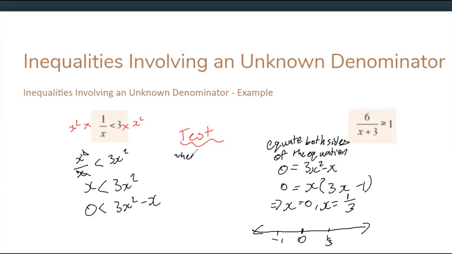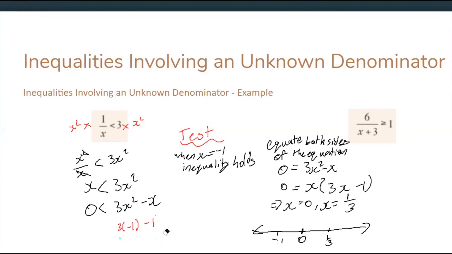So when x equals -1, the inequality holds. And I know that because I end up with 3 minus 1 minus 1, and that's equal to 2, which is bigger than 0, so my inequality holds.